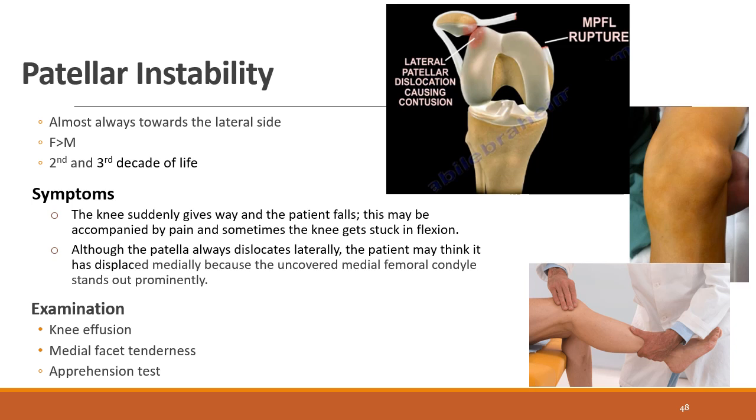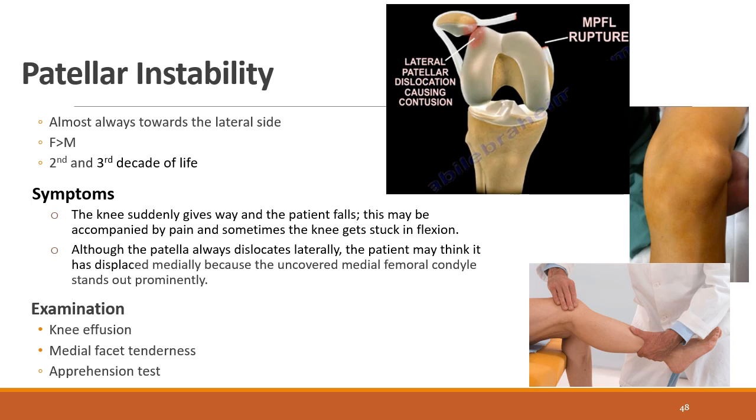Now, the patient will see a prominence on the medial side while the patella is dislocating to the lateral side. This prominence is the medial femoral condyle, but the patient perceives it as a prominence on the medial side. The patient will present with the knee held in flexion, with a knee effusion.